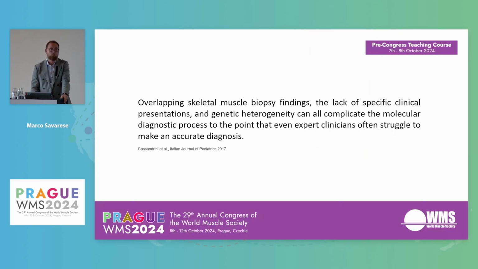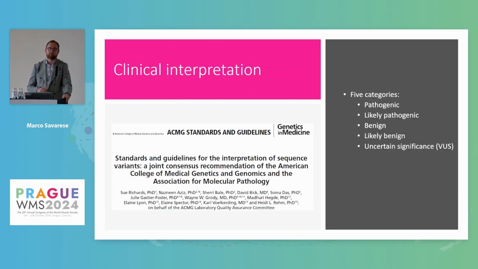However, when we have overlapping biopsy findings, when we do not have specific clinical presentations, when there is, as in this case, clinical and genetic heterogeneity, then it's not easy to interpret genetic findings. Yes, we have guidelines, and actually we discussed this in the morning, but it's also well known that in a large number of cases, we will end up with variants of uncertain significance, which means we have to do extra work to interpret these variants.